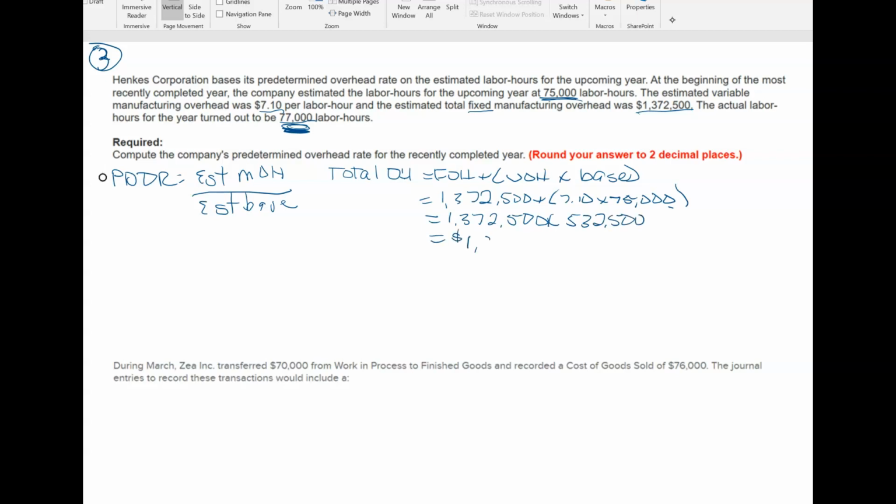We get 1,905,000. That is our estimated total manufacturing overhead.